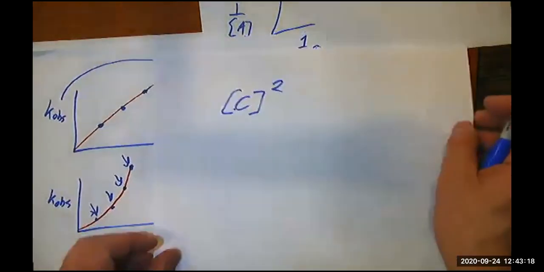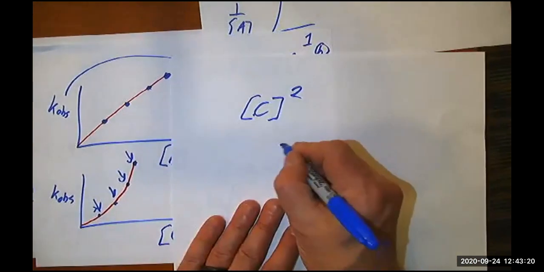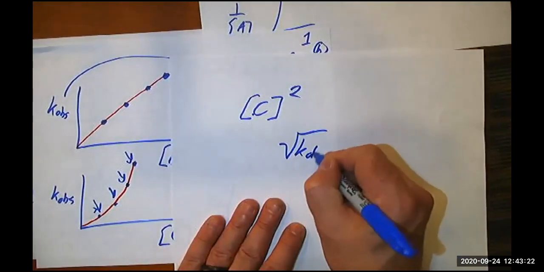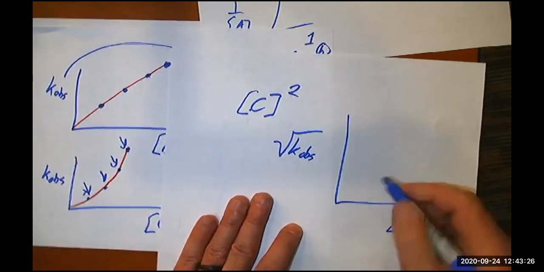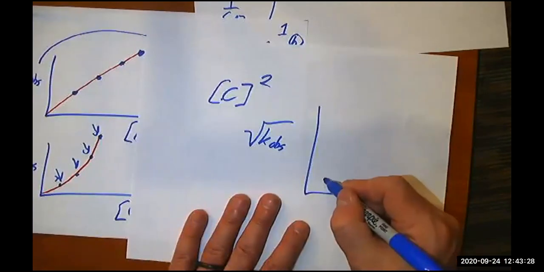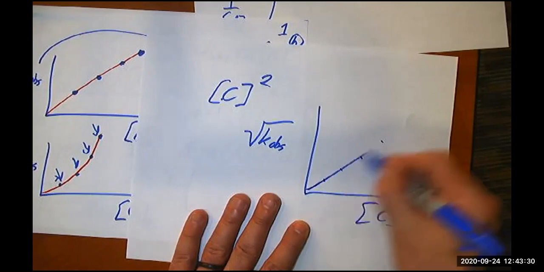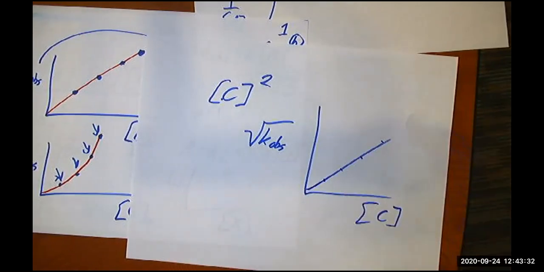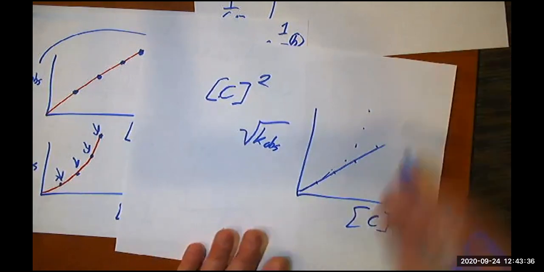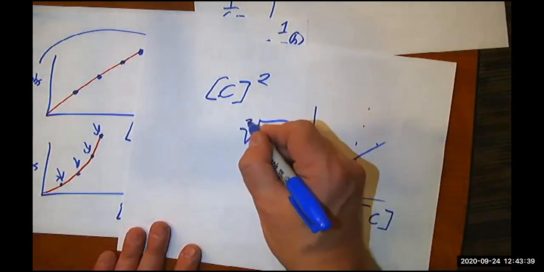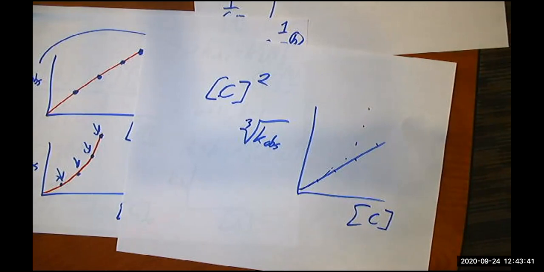So what you could do then is do the square root of K observed versus concentration of C. And that would take that, if it is quadratic, and turn it into a straight line. And if it's a straight line, then you know it's quadratic. If that doesn't work and it's still going up, then maybe it's third order, so then you would do the third root to see if you got a straight line.